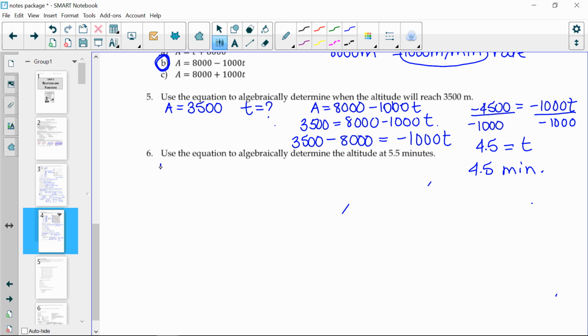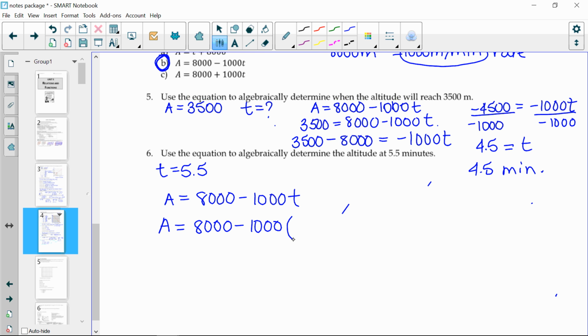So in this case, t is equal to 5.5. So A equals 8,000. Take away 1,000 t. A equals 8,000 minus 1,000 and substitute in the 5.5.